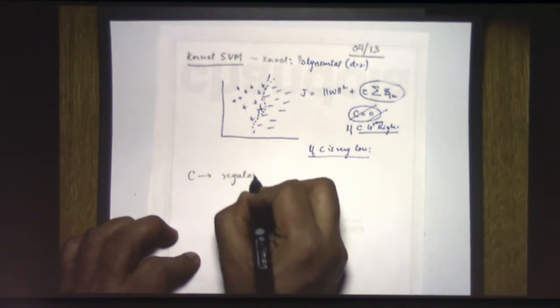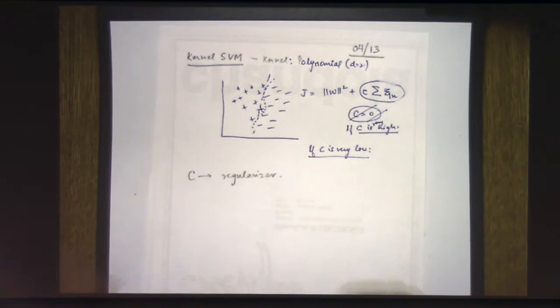If you remember our discussion in ridge regression and even in neural networks, we used to have that lambda, which helped us control how simple your decision boundary has to be and how much training error you're willing to accommodate.